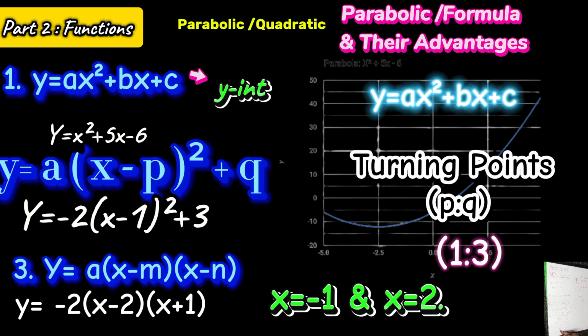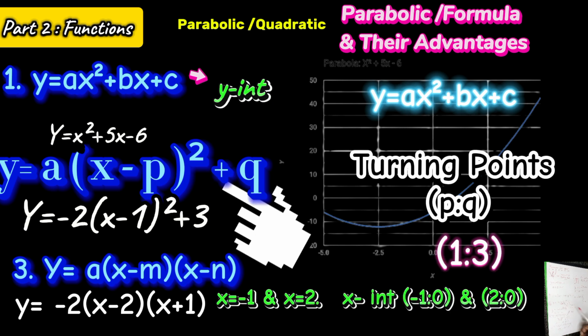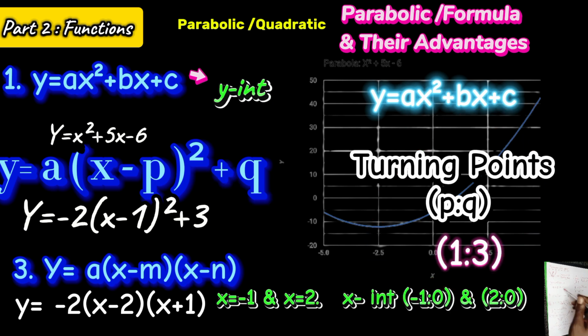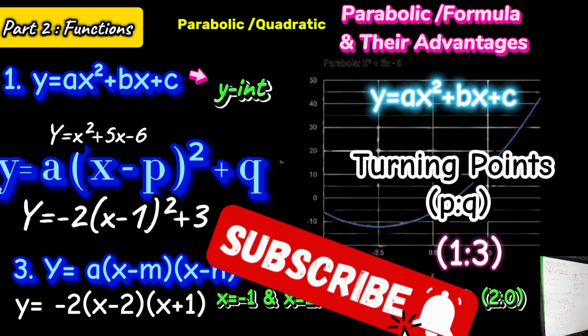So this helps us to find simply our x-intercepts, and then this one helps us with the turning points, and then this one helps us to simply identify our y-intercept. So make sure you understand this, and it's going to be very, very useful going forward.